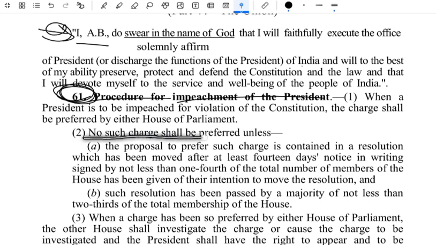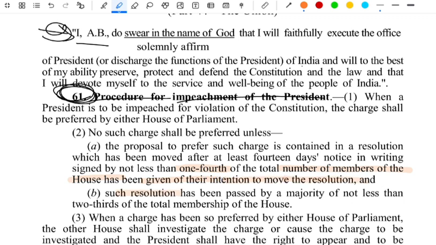No such charge shall be preferred unless the proposal to prefer such charge is contained in a resolution which has been moved after at least 14 days' advance notice in writing, signed by not less than one-fourth of the total number of members of the House. Okay, remember, one-fourth of the total members of the House have given their intention to move the resolution.